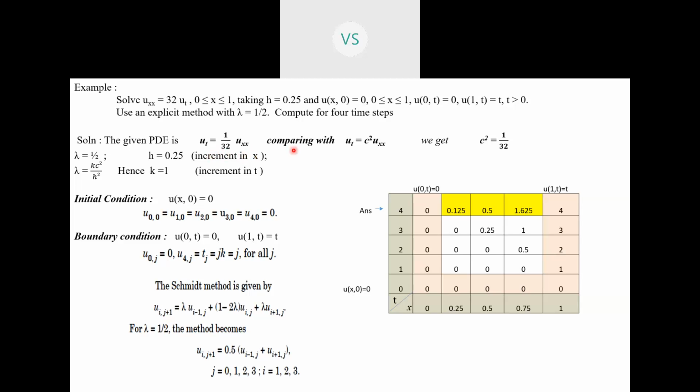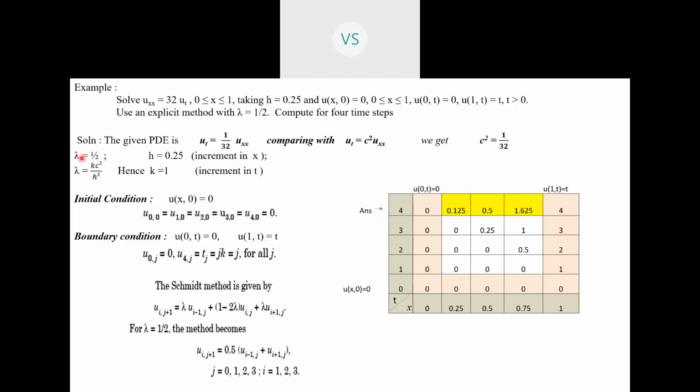Now we'll compare it with our standard formula, ut is equal to c square uxx. So when you compare the given equation with the standard equation, you get that the value of c square is equal to 1 by 32.